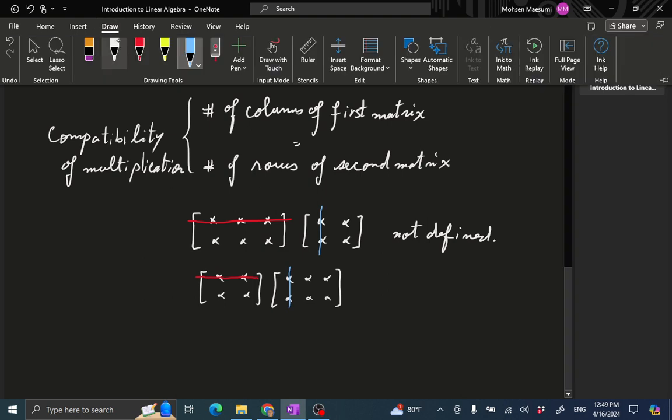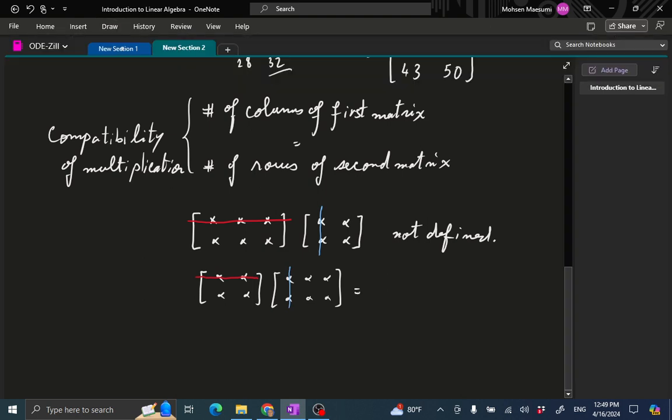So if I do multiply them, what kind of matrix do I get? What's the output of that? Well, first row, first column, that would be some entry. First row, second column, first row, third column, and second row, same thing. So now the result of multiplying these two is going to be a 2 by 3 matrix.